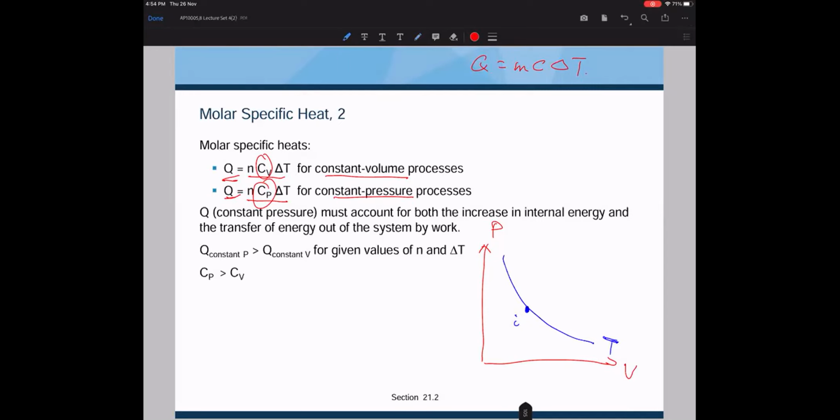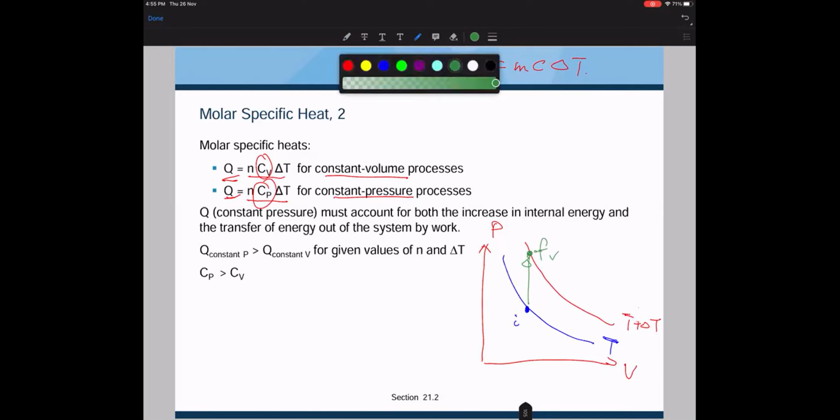One is the constant volume process. So let us say it's a constant volume process, going to state F_V. The other one is the constant pressure process.